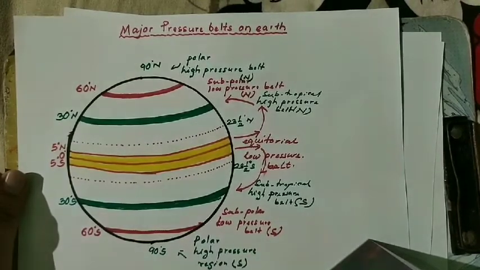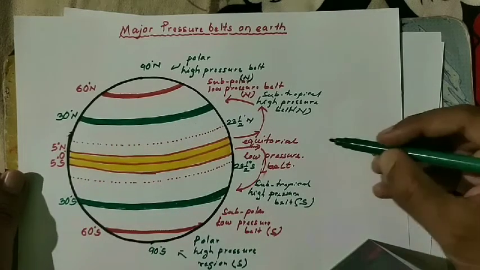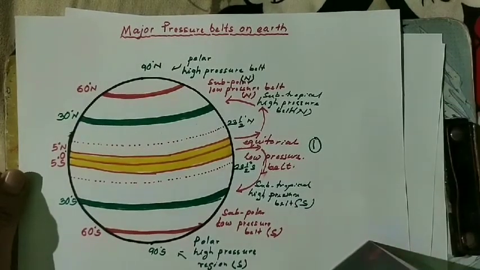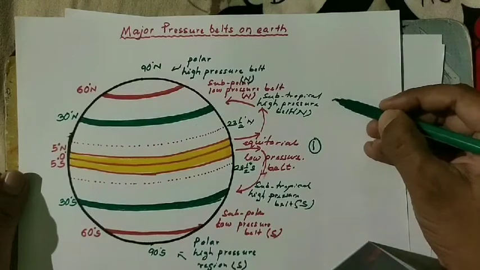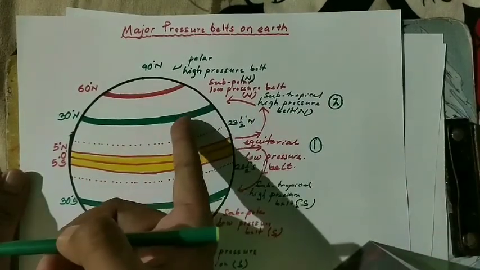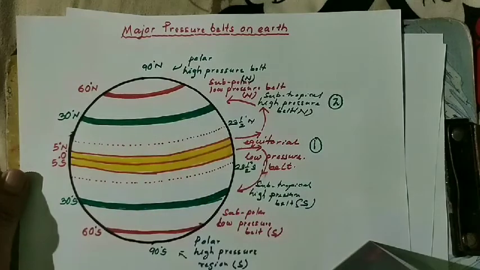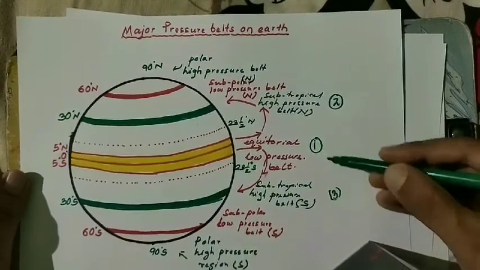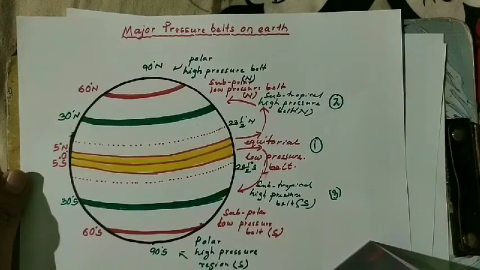So like this, 7 pressure belts are formed on our earth. Number 1, the equatorial low pressure belt at the equatorial region. Number 2, the subtropical high pressure belt in the northern hemisphere, and also another subtropical high pressure belt in the southern hemisphere, so that is 3.